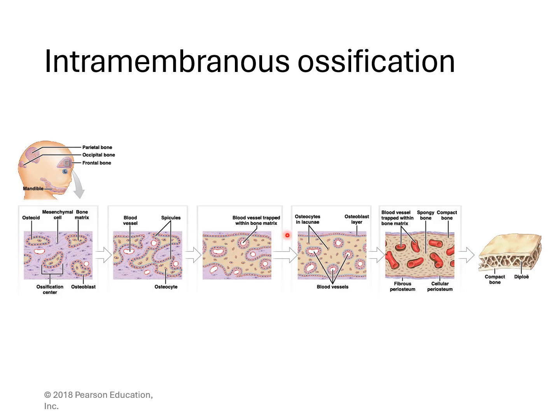And then the more they start to grow, the more those blood vessels get trapped, and eventually it becomes the periosteum on the outside, spongy bone in the middle, and then the compact bone on the outside. And this is how intramembranous ossification occurs.